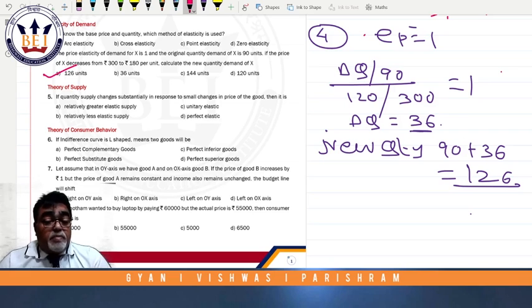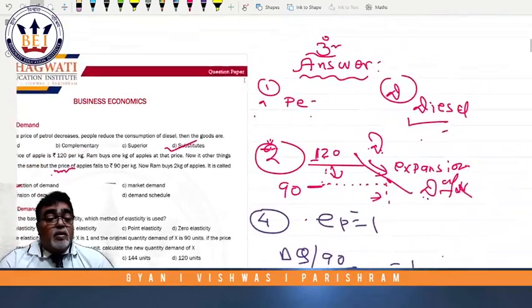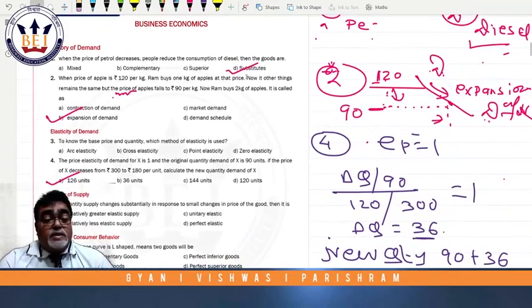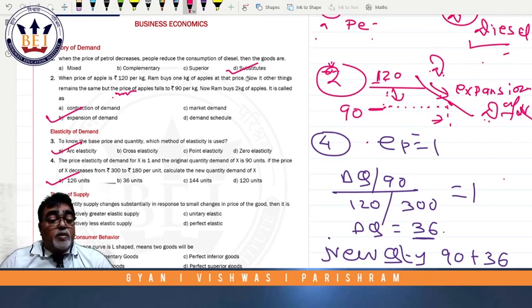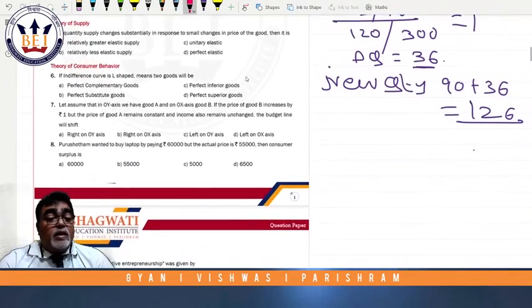When you apply it, my answer comes out 126, that is A. Once more: question number 1, answer is D, substitute. Question number 2, answer is B, expansion of demand. Question number 3, answer is A, arc method. Question number 4, answer is A again, arc method.